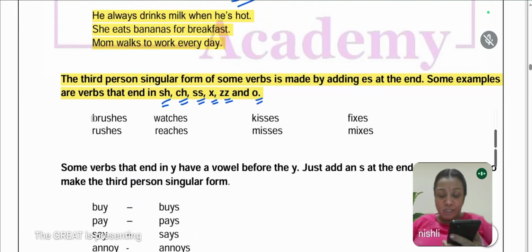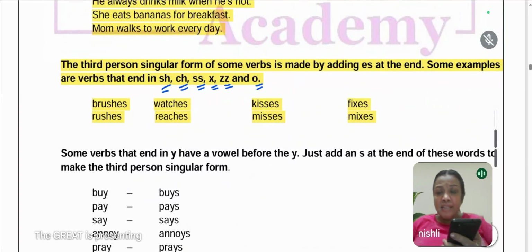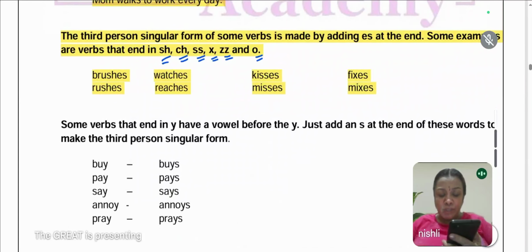Then watches: she watches television every day. Reaches: the train reaches the station tonight. The train reaches Chennai tonight. Reaches ends with ch. Anything which ends with sh, ch, x or zz takes an extra es.